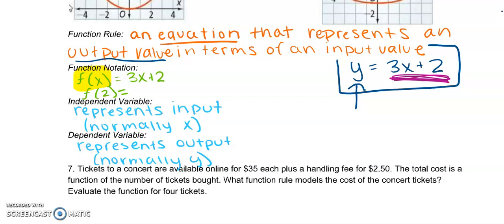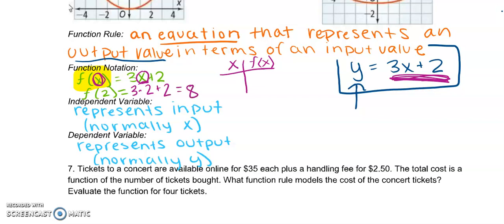But we know that x is my variable or my input. And what I get out of this, f of x, represents my whole y, my output. So if I was making an xy table, instead of x and y, I would have x and f of x, which is your y. If I had f of 2, note that 2 is replacing x. 3 times 2 is 6 plus 2 is 8.